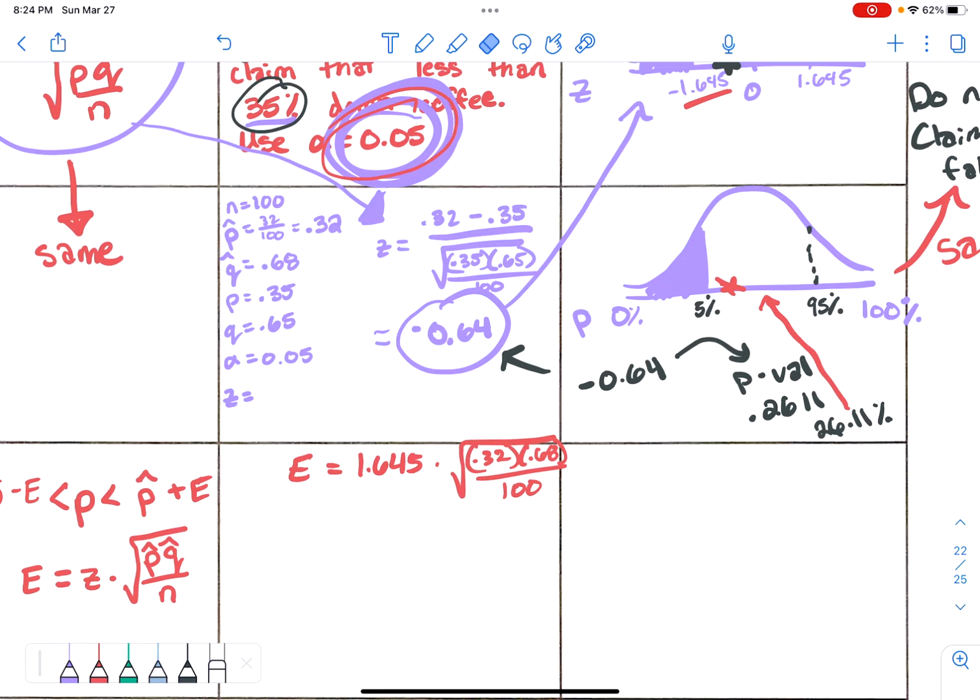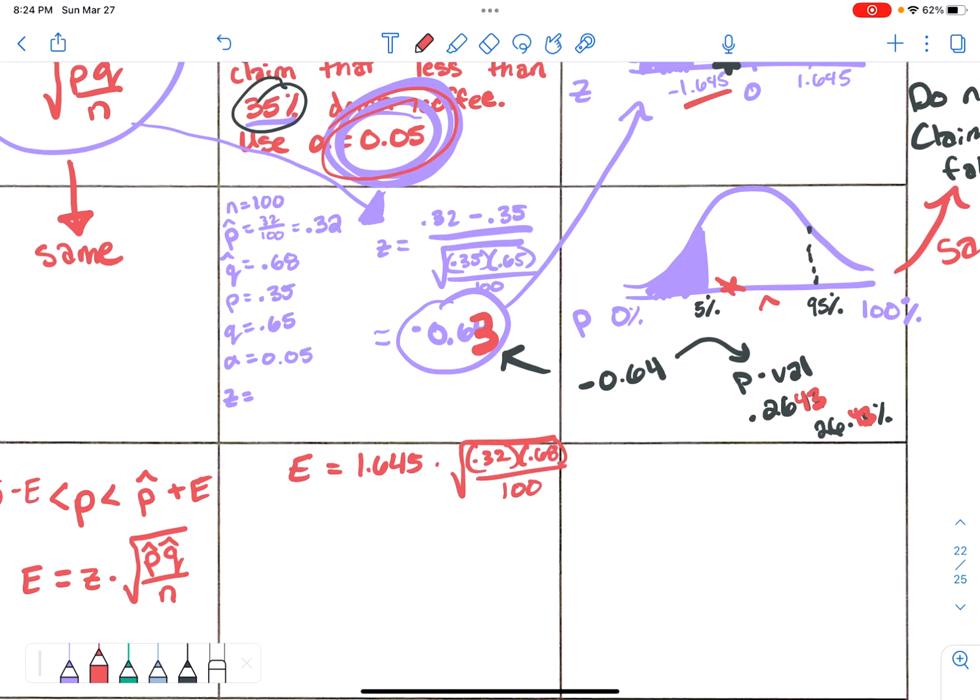Shoot. I think this last number was supposed to be 0.63. So our p-value will be off just a little bit. It will actually be not 26.11, I think I typed something in wrong. With 0.63, it's 26.43. It'll actually round to 43 instead. So just a little bit of a change, but it still doesn't change our result. It's the same.